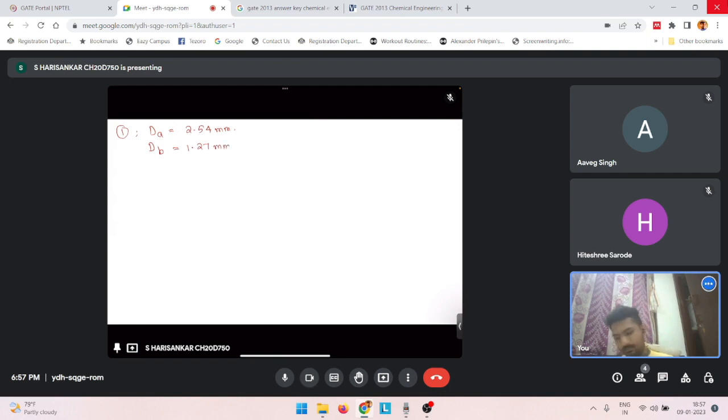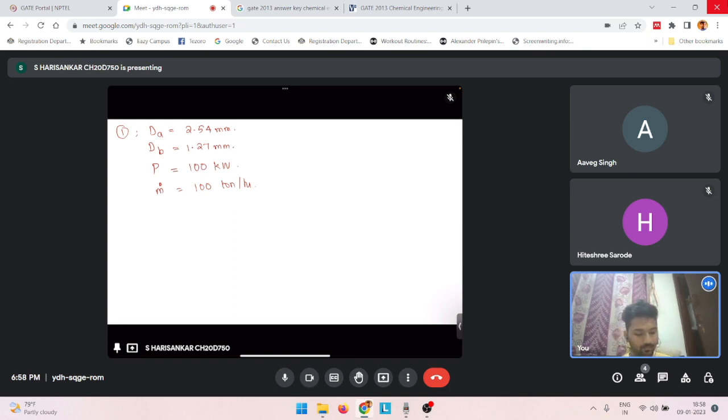The power consumed P is given as 100 kilowatt, and the mass feed rate m dot is given as 100 ton per hour. Now we just write the Bond's law again.